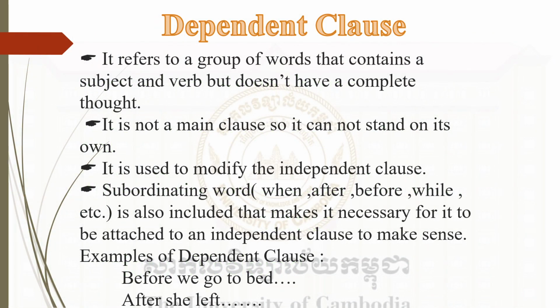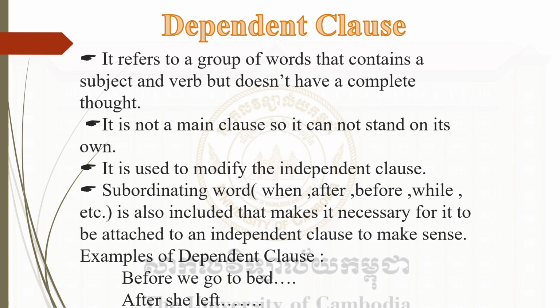Now we are going to understand about dependent clause. So what is a dependent clause? It refers to a group of words that contain a subject and verb but doesn't have a complete thought. It is not a main clause, so it cannot stand on its own. It is used to modify the independent clause.